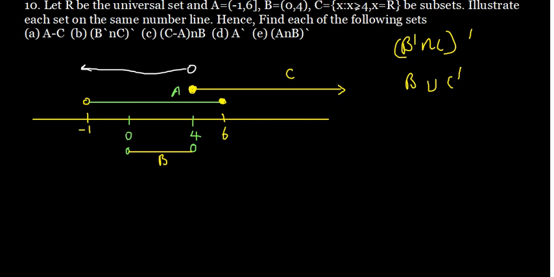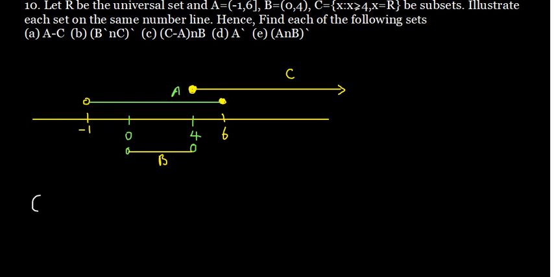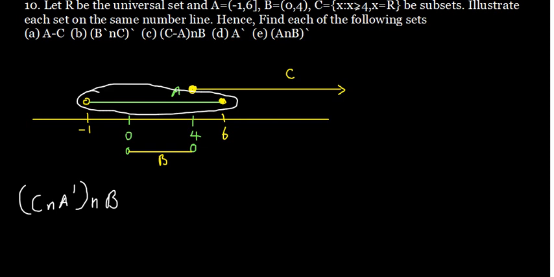And then the next one, when we work out C minus A intersection B. We can as well simplify that into C intersection A complement and then intersection B. So A complement, this is our set A here. So A complement, we are going to start from here, going in this direction, and then also start from here, going in this direction.